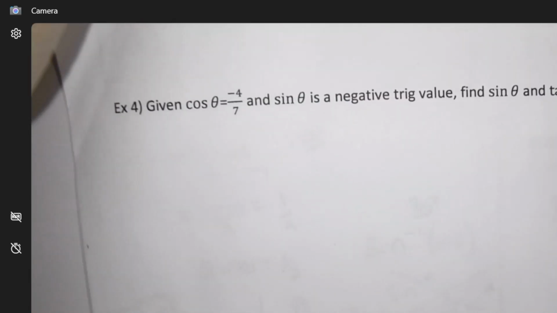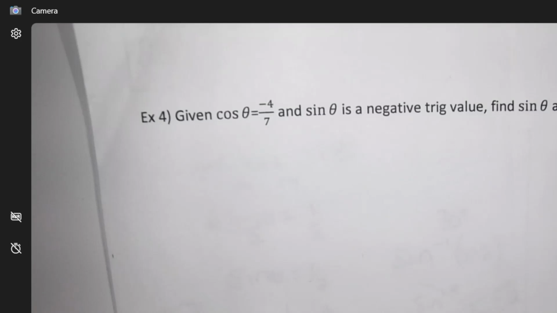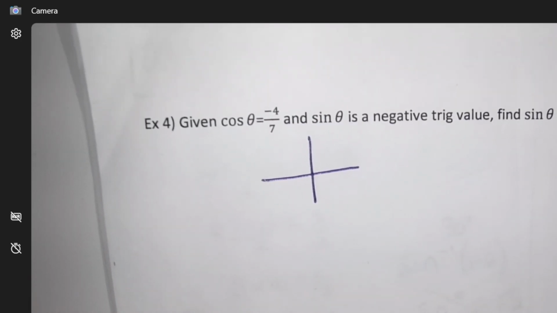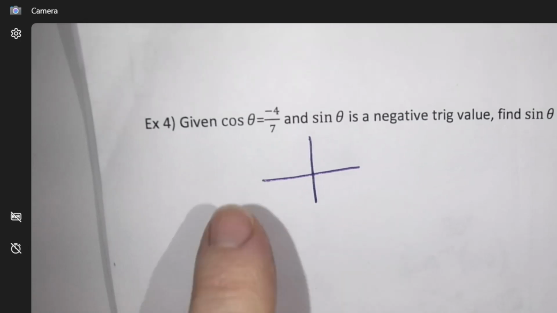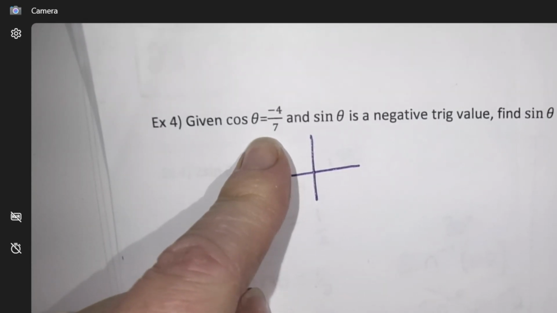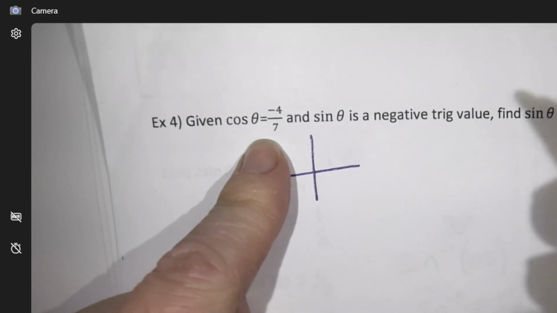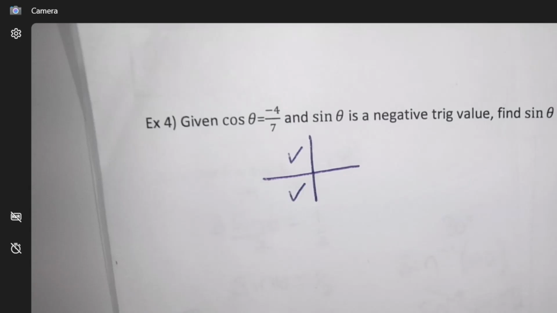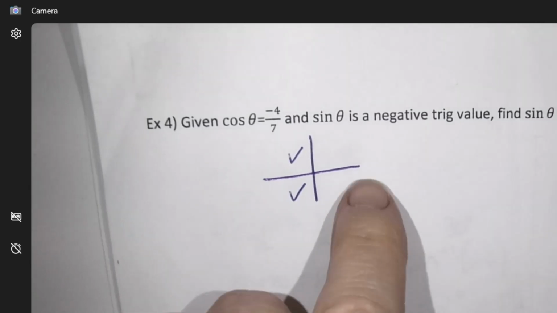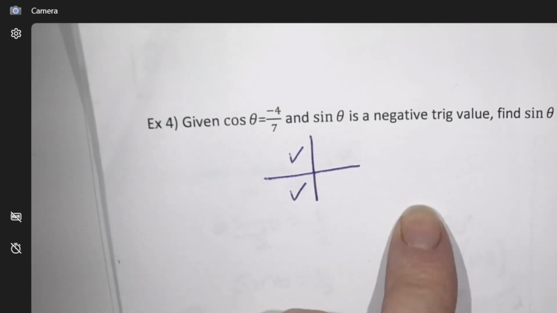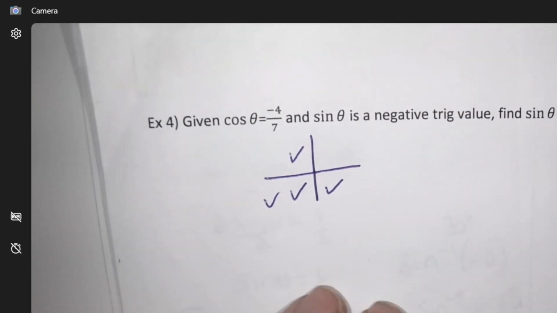Okay, last one. Okay, let's analyze where we're going to be. So here's what I know. Cos has to be negative. Those are some options for cos negative. Sine is negative.